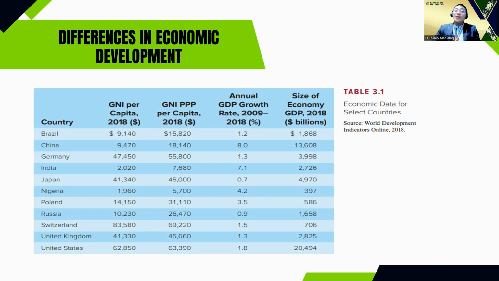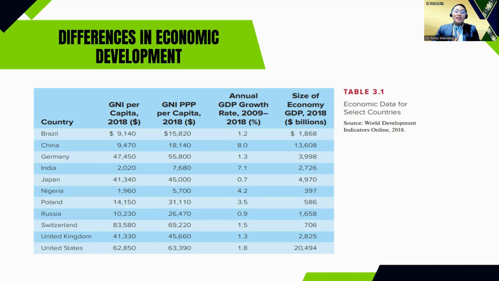Furthermore, India's GNI per capita is 2,020, which is significantly enhanced to $7,680 when adjusted for PPP, highlighting the low cost of living. The economy has been growing rapidly at a 7.1% annual rate, with a GDP size of 2.726 trillion dollars.